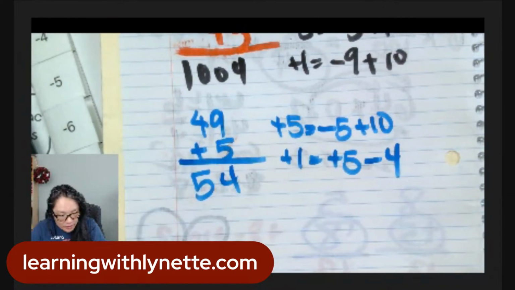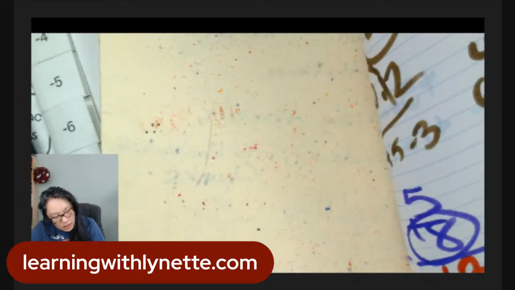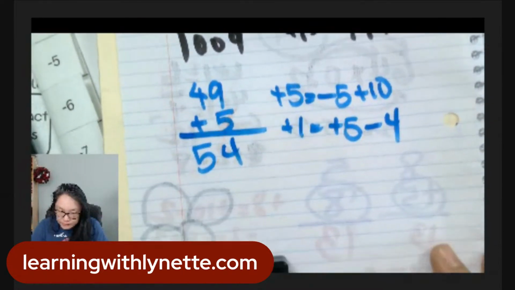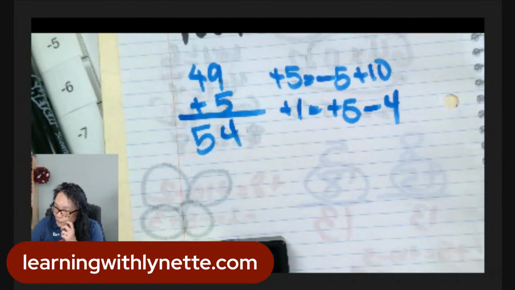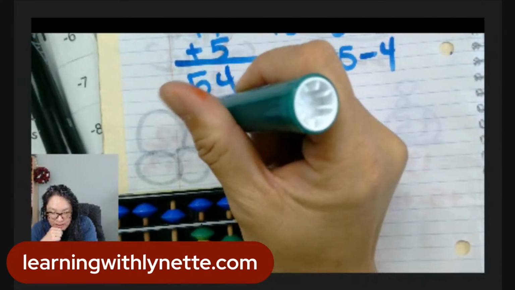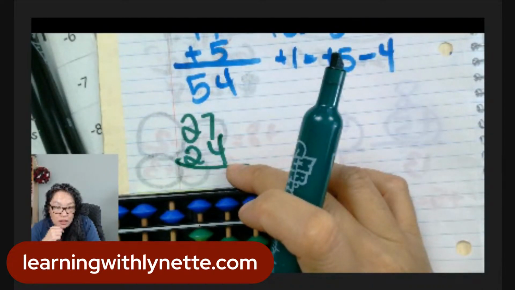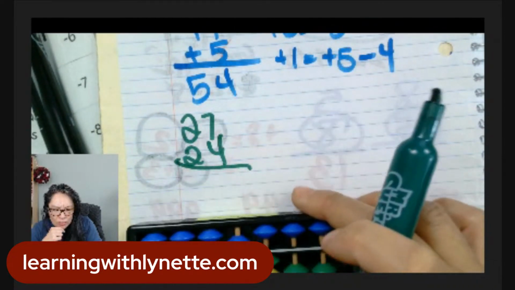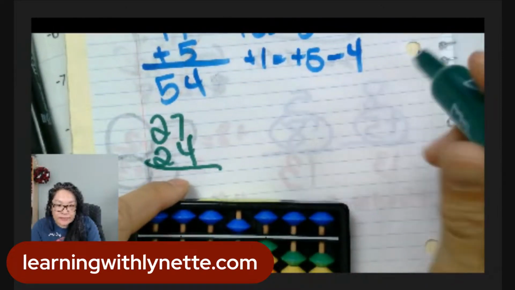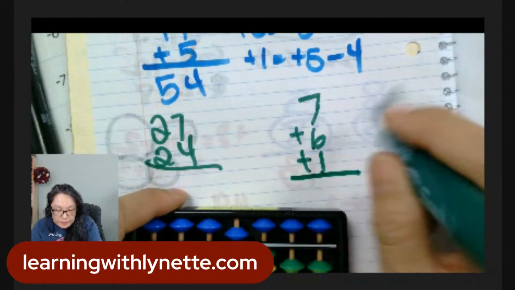Okay, so the next one was 27 plus 24. Let's do that. 7 plus 6 plus 1.